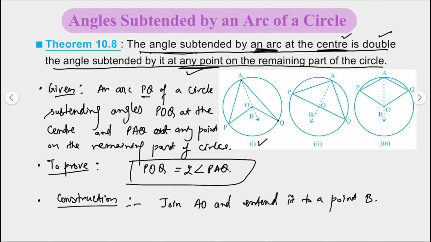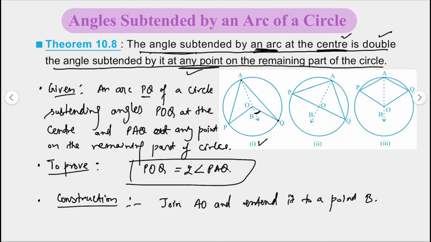In this theorem, we use the theorem we studied in chapter number 7, called the exterior angle property of a triangle, which says that the exterior angle of a triangle is equal to the sum of the two opposite interior angles.